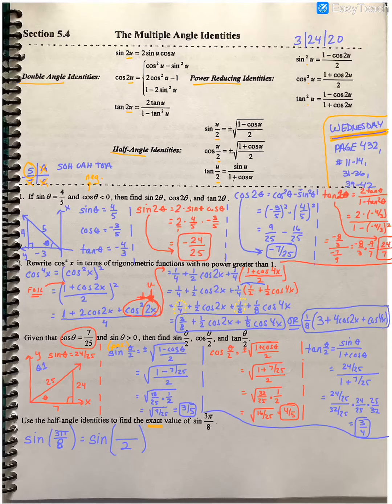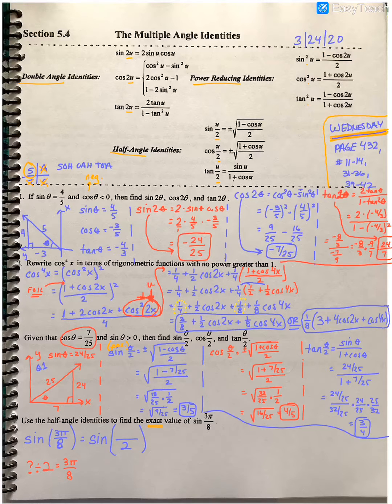So let me do a little side note here. Something divided by 2 needs to equal 3 pi over 8. So think about this. If something divided by 2 equals 3 pi over 8, dividing by 2, the opposite is multiplying by 2.